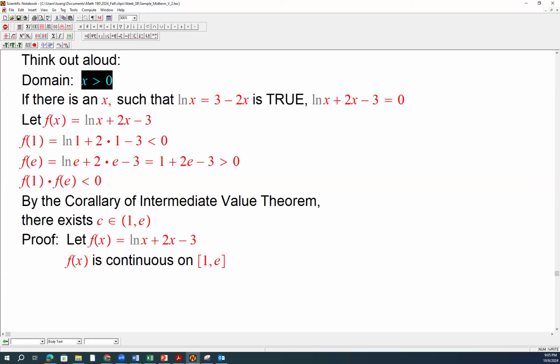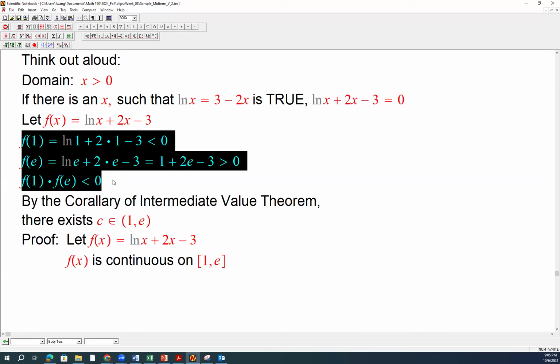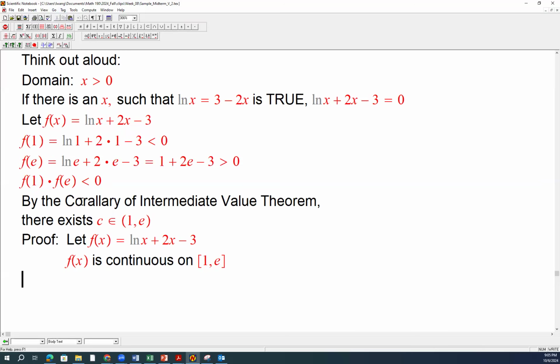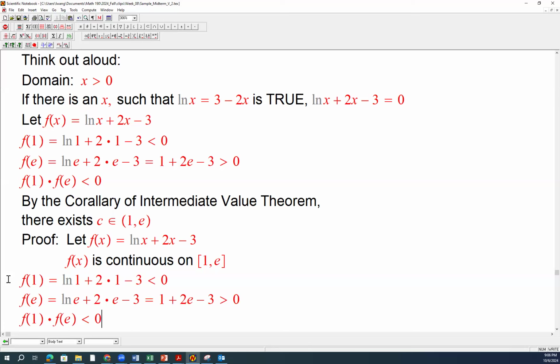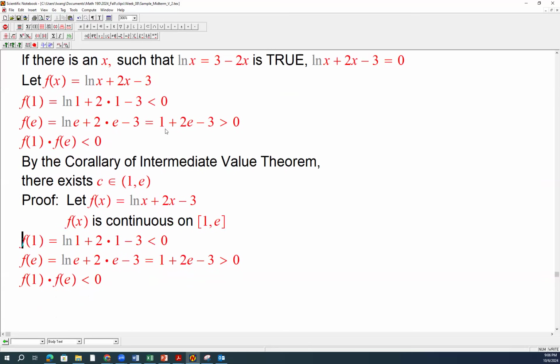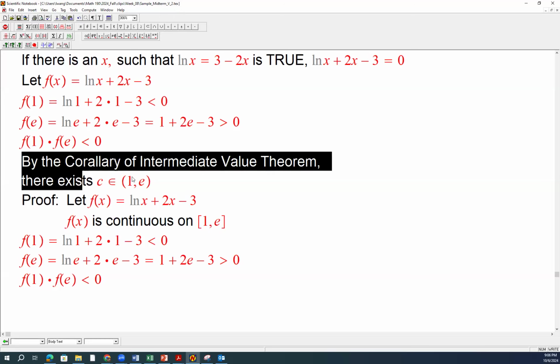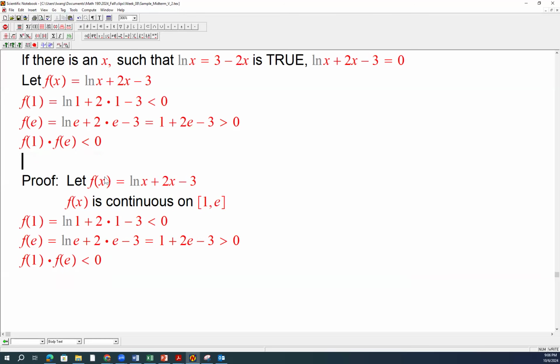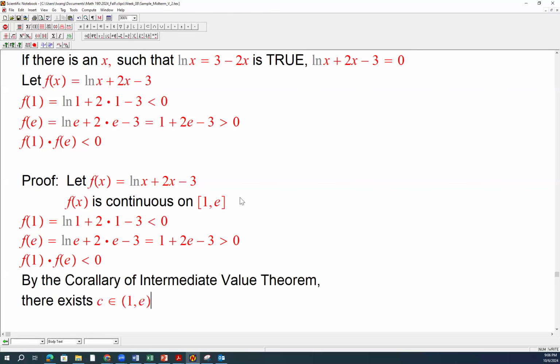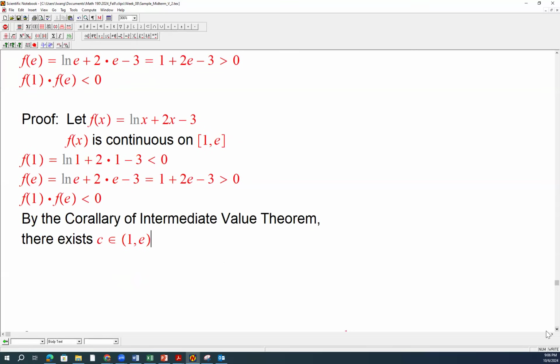So we mentioned that. And then we mentioned the other 3 things that we already did, right? So we mentioned all of these. And then you can say by the corollaries of intermediate value theorem, okay, I'll just cut it because they're repetitive, right?